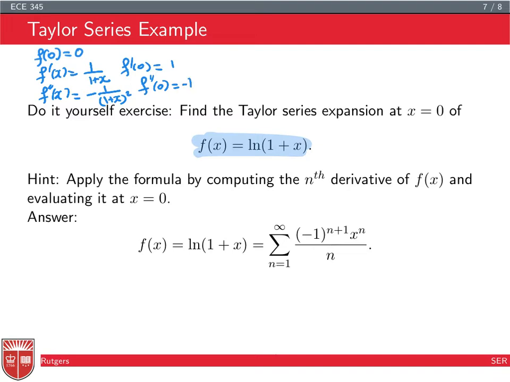If I do it again, the third order derivative is going to be plus 2 divided by 1 plus x cubed. And so the third derivative of f at 0 is equal to 2.